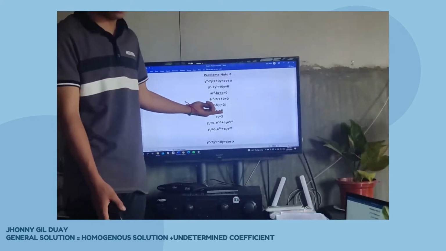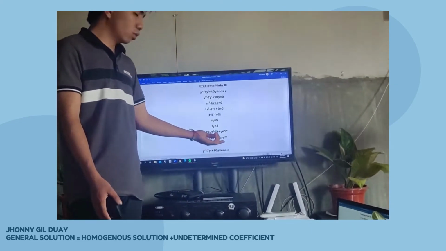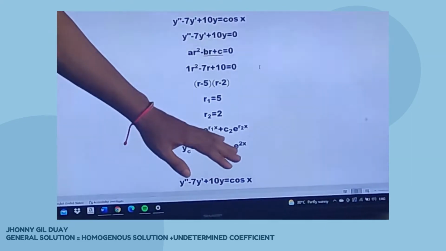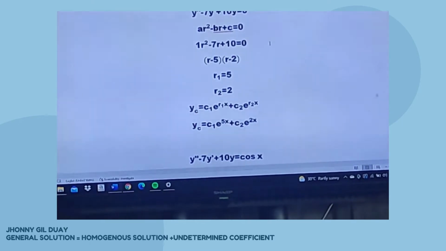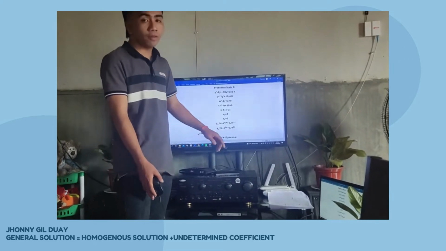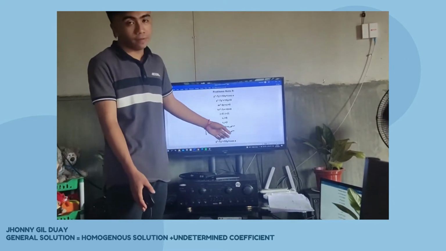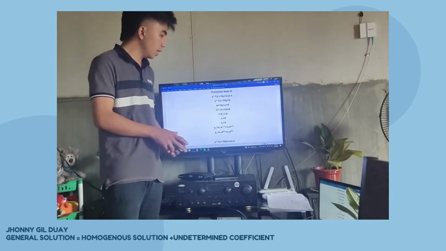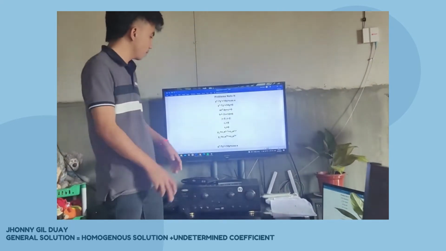Because our r1 is 5 and r2 is 2, let's put those values in. So y sub c equals c sub 1 of e raised to the power of 5x plus c sub 2 of e raised to 2x.